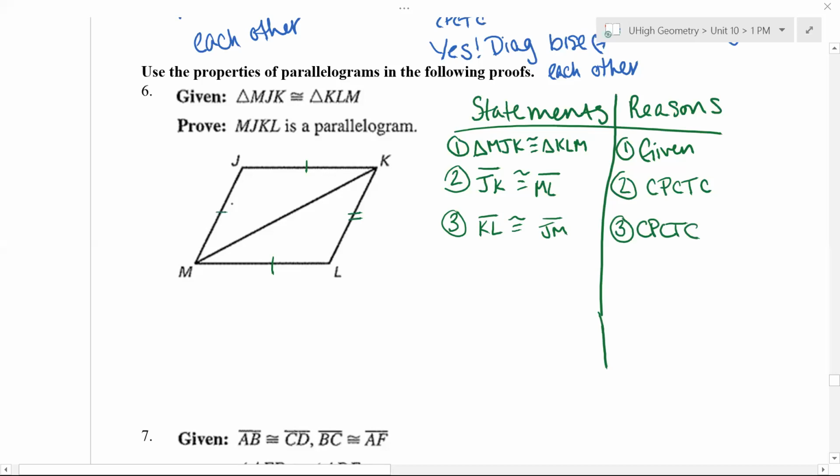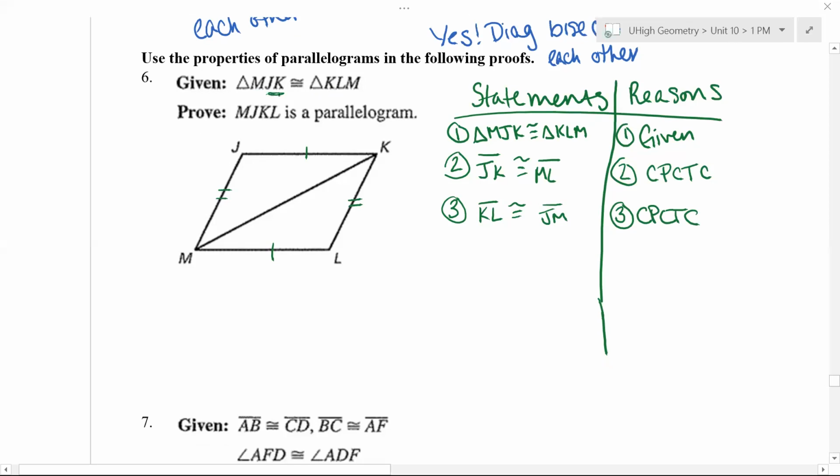I could always double check and make sure that those are really my corresponding parts. If I look, this is JM, this is KL in my congruent statement. Those segments are in the same place in their congruent segment, so that's okay. JK is in the same place in my congruent statement as LM. So I know I didn't flip my triangles around any funky way.